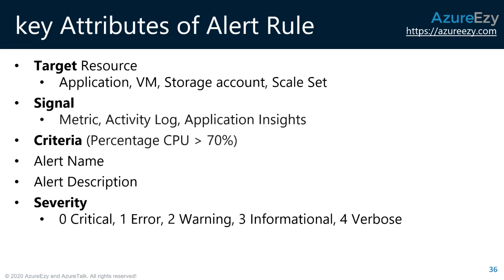Based on your situation and the alert rule you are creating, you can define that. It depends on the business, organization to organization, what type of severity they want to specify. Then finally you need to specify the action.